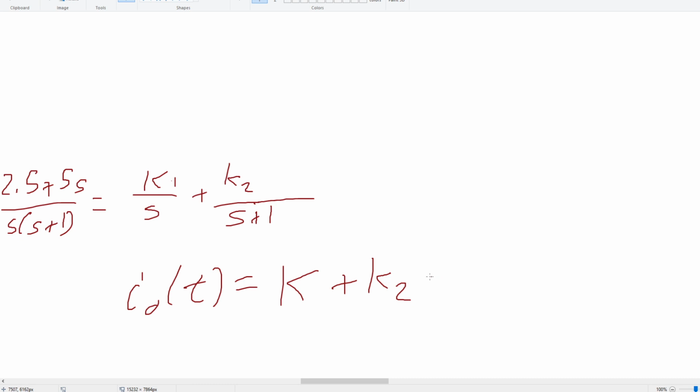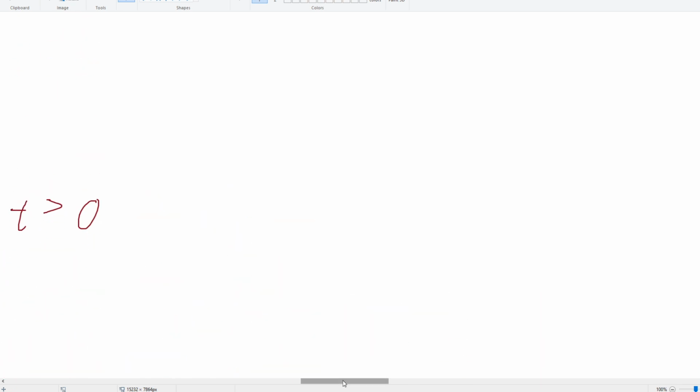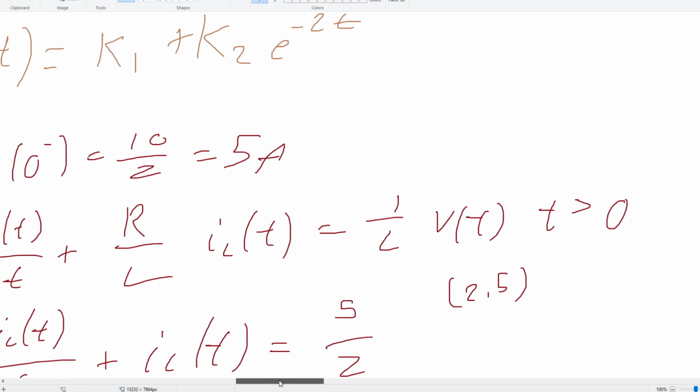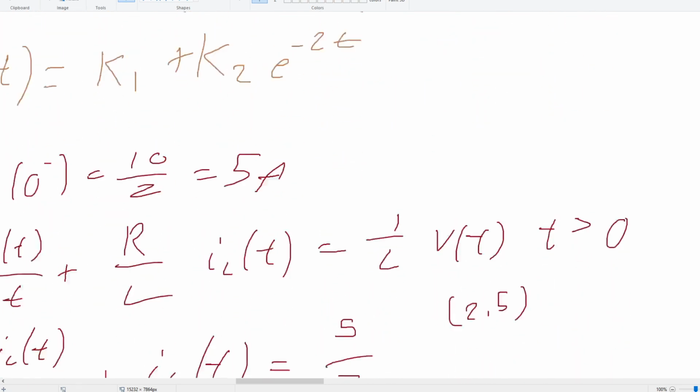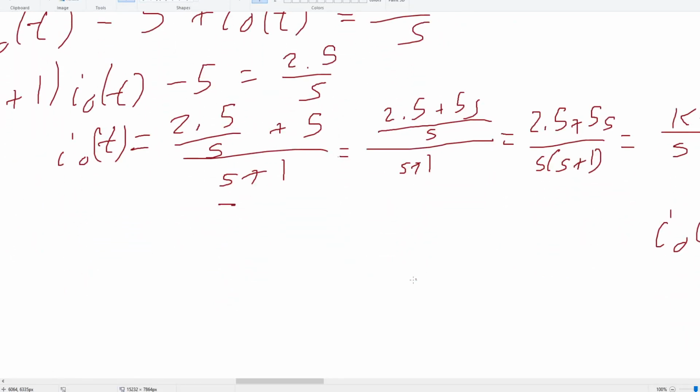That turns into what, e to the t? I think that's it, right? E to the t, positive 1. And we write it as an e value, not an s. E to the negative 2t. No. It's plus, so you invert it. Yeah.